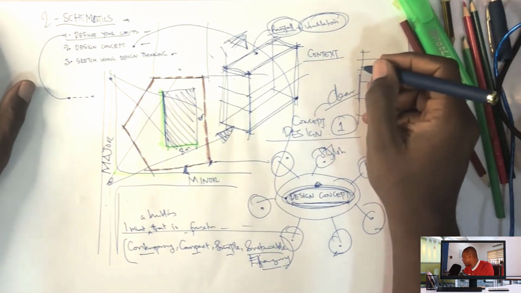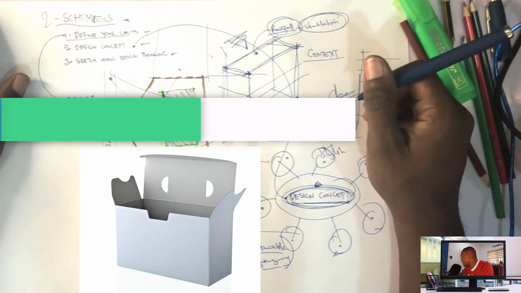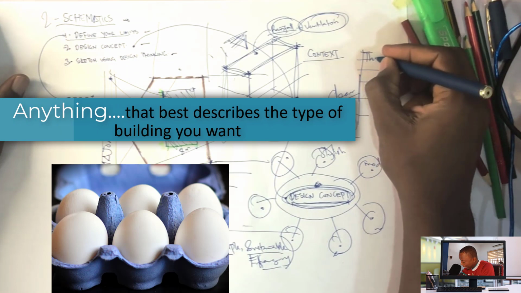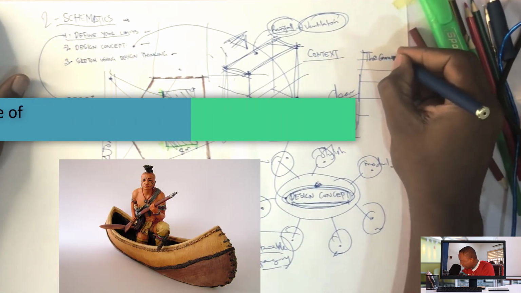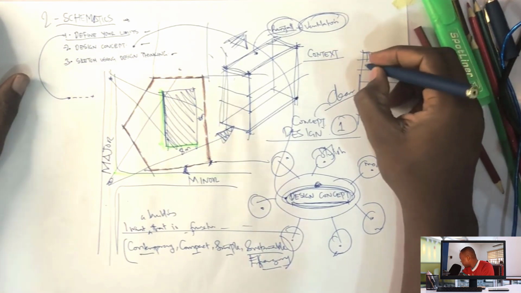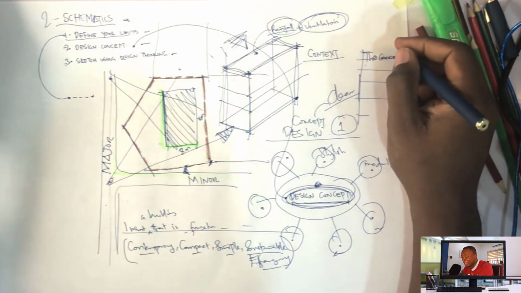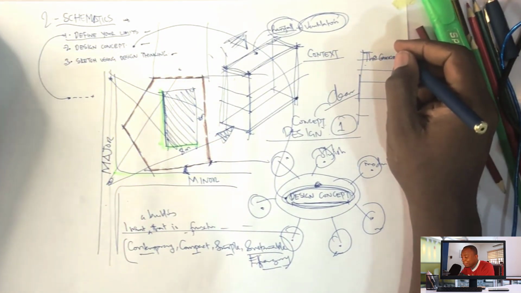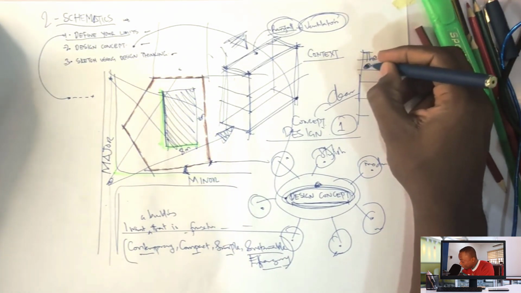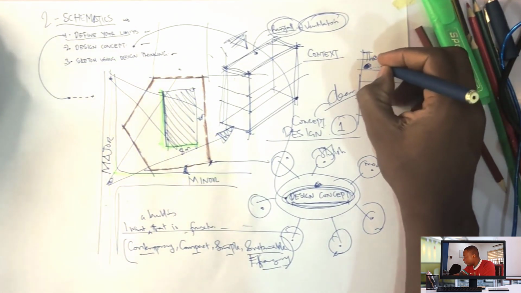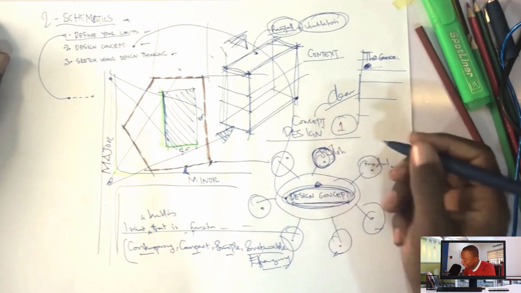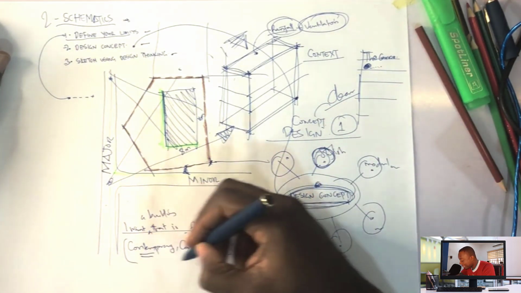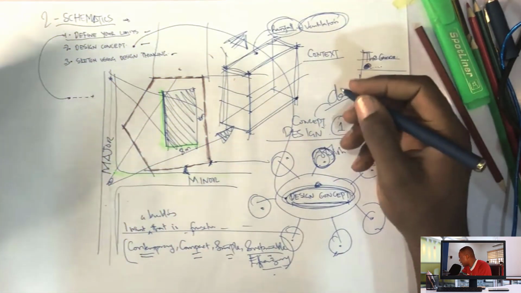You can say my design concept is the white box, or the flying egg, or the canoe of Thanos, or my design concept is a safe haven. In fact, you can say my design concept is stones and bricks. Anything. The description of the idea is not the problem. The problem is the explanation of that idea. And you can explain that idea because you have already listed the solutions that idea is bringing about.